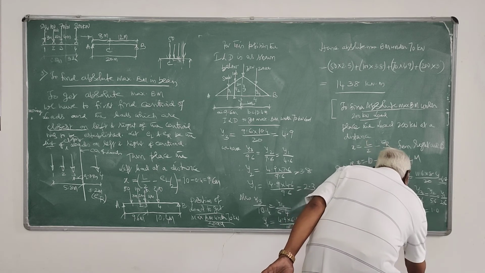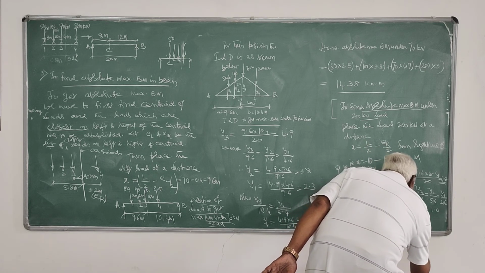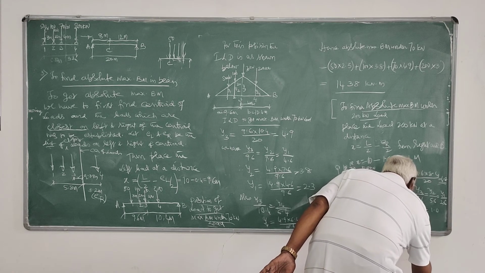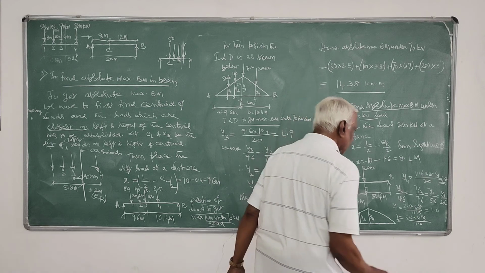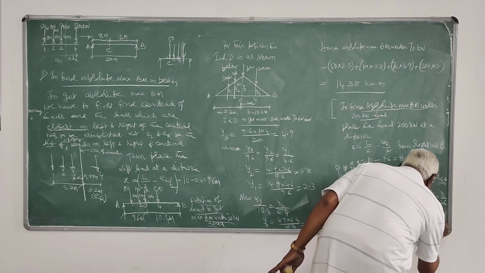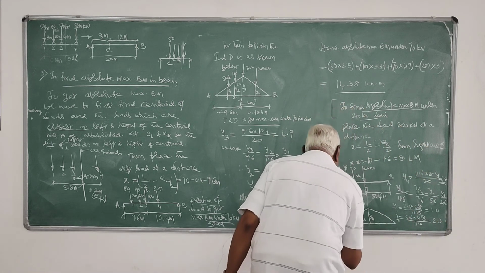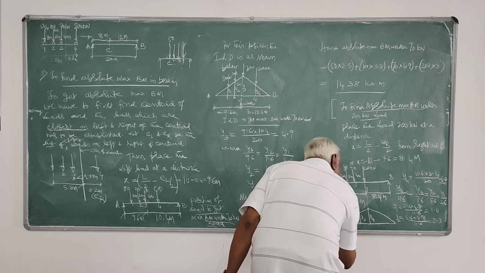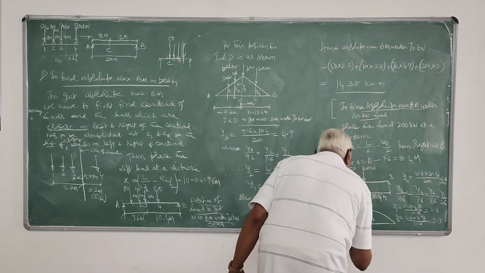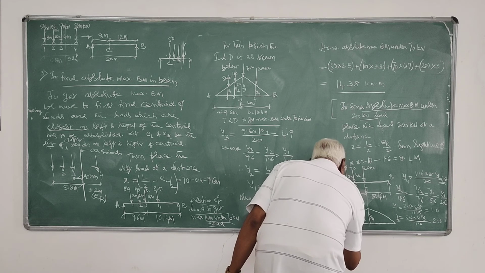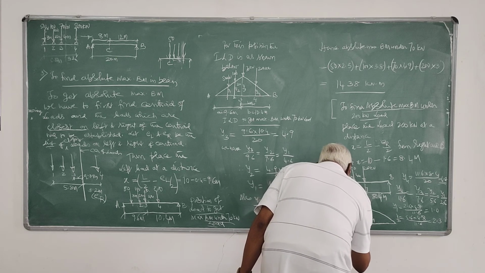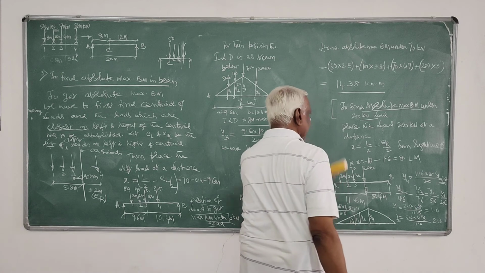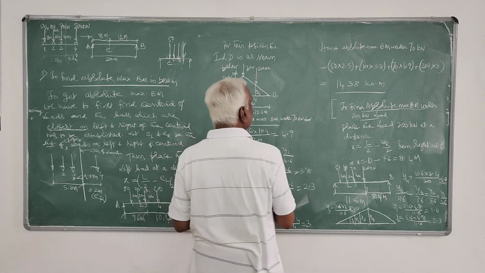Y2 is 5.6 into 4.8 divided by 11.6, that is 2.3. Lastly, Y3 equals 7.6 into 4.8 divided by 11.6, that is 3.1.